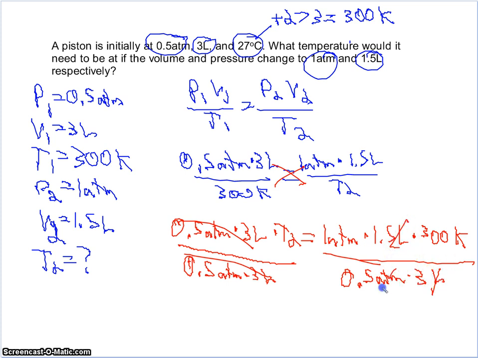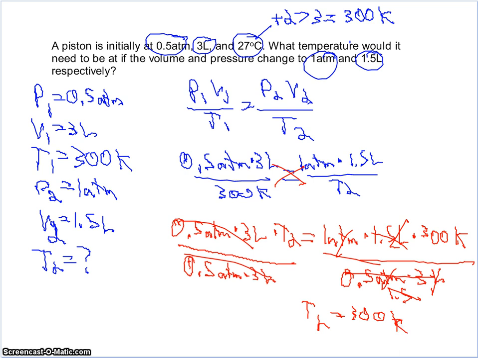Okay, liters cancels, atm cancels. Let's see, 0.5 times 3. Isn't that 1.5? I think it is. Yeah, it's 1.5. So that cancels. Leaves us with T2 equals 300 Kelvin. What the heck?